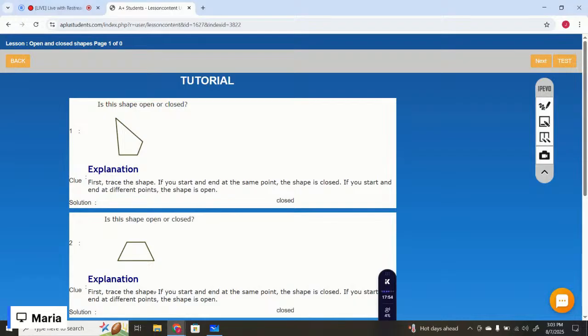Is this shape open or closed? You have to trace the shape. If you start and end at the same point, that means the shape is closed.